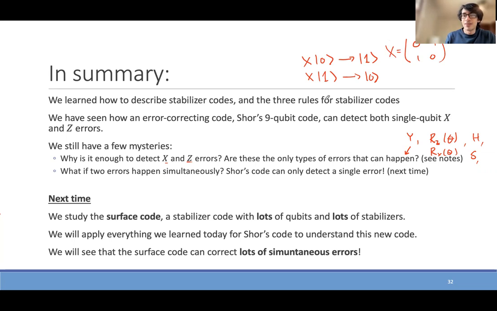Similarly, I was saying that Z acting on 0 gave you 0, and Z acting on 1 gave you -1. This is the same as saying that Z is the matrix 1, 0, 0, -1. And then Y, you can get by multiplying the Pauli matrices together. So this is 0, -i, i, 0.